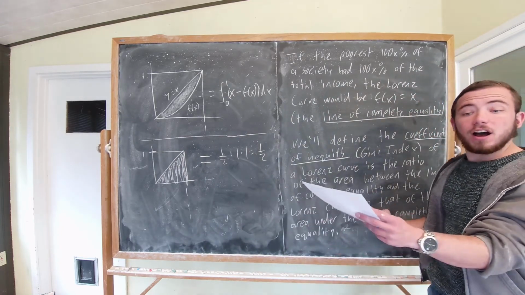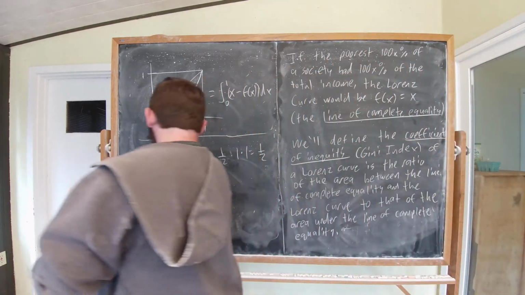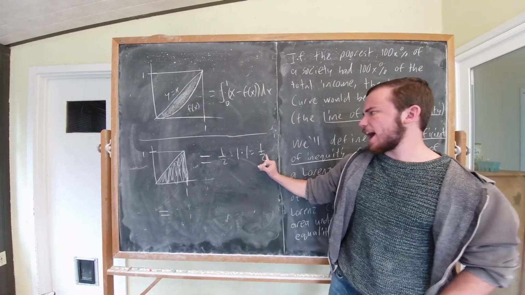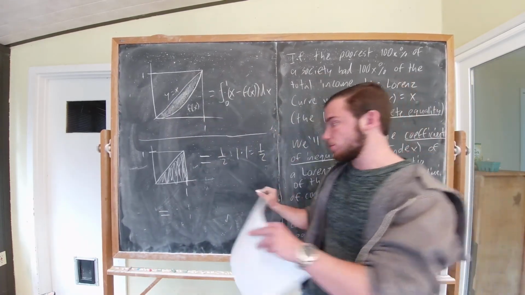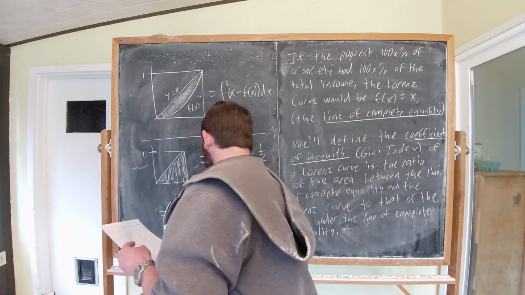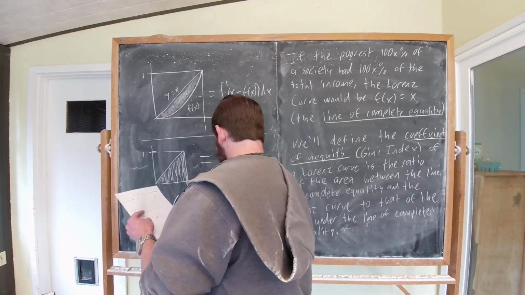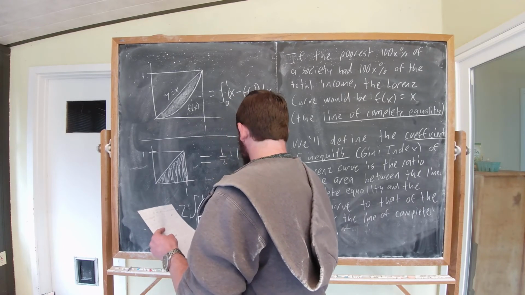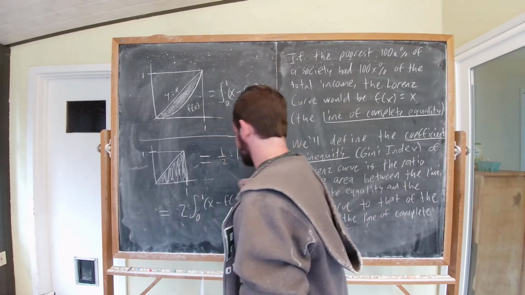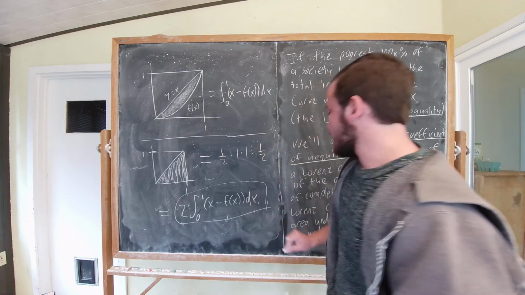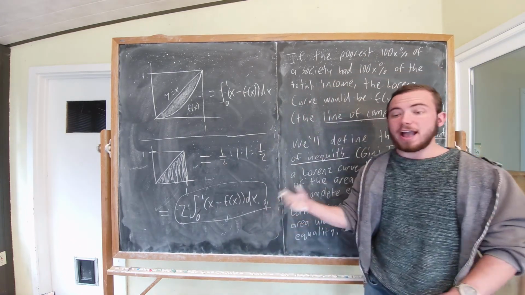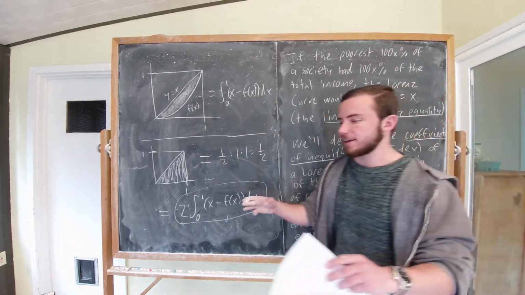So our coefficient of inequity formula ends up being, okay, divide by 1/2 is the same as multiplying by 2. So it's going to be 2 times the integral from 0 to 1 of x minus f of x dx.